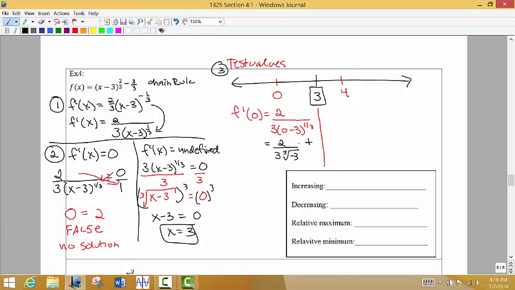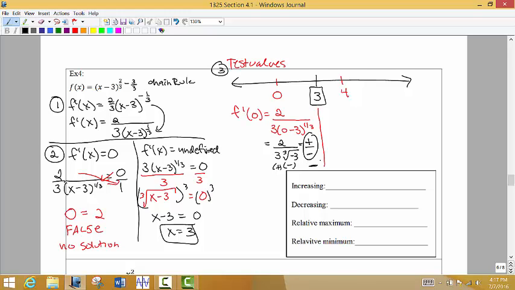The top number is positive. The bottom number, we have the cube root of a negative number, and the cube root of a negative number is always negative. So here's a negative. 3 is positive. So a positive number times a negative number, I get something negative. So the top of the fraction is always positive, the bottom of the fraction will always be negative. Overall, do we get a positive or a negative number?